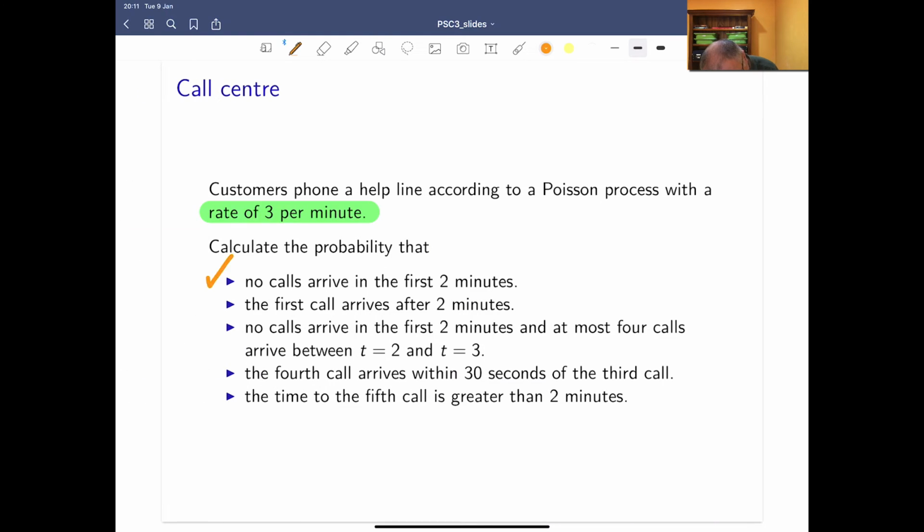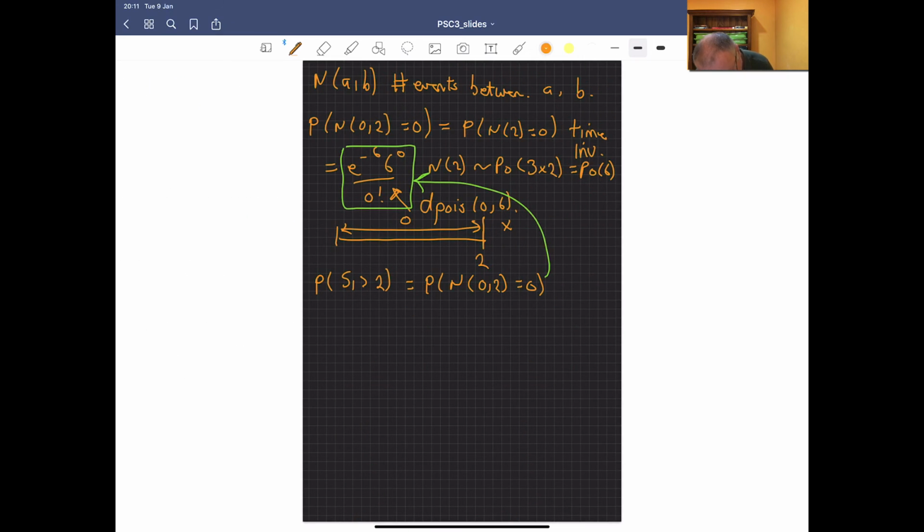So we've done this one, we've done this one. No calls arrive in the first 2 minutes, and at most 4 calls arrive between 2 and 3. So let's draw our diagram again. In the first 2 minutes, we've got none, and then in the next minute, we have less than or equal to 4.